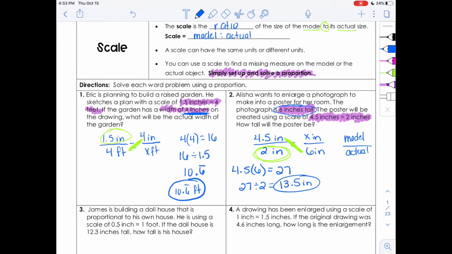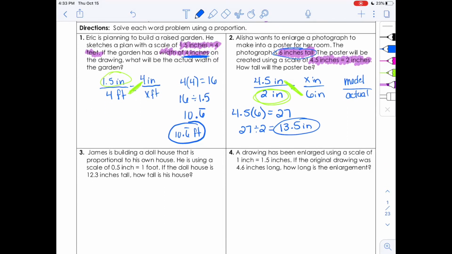And you always want to think about, does this answer make sense? Well, if you think about the problem, she started out with a photograph and she went to a poster, so she's getting bigger, a picture to a poster. And my answer did get bigger. We went from 6 inches to 13.5 inches, so my answer does make sense.